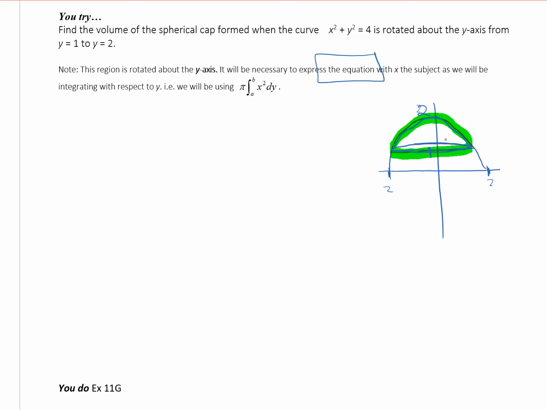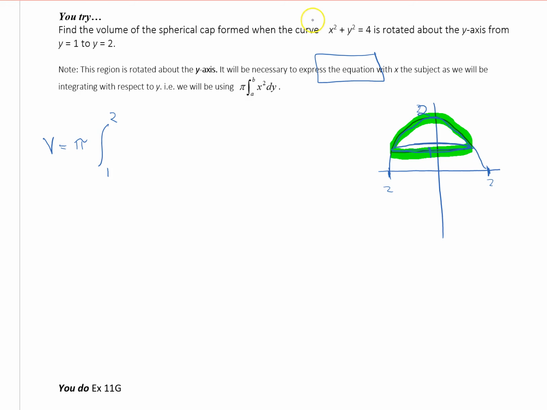So to get the volume, we've got pi times the integral from 1 to 2, and this is not one that I've made up. We've actually got the correct boundaries this time. We're not trying to find a volume that doesn't actually exist. This does exist from y equals 1 to 2. I guess it's not really a region in that it's not formed by finding the area between two curves.